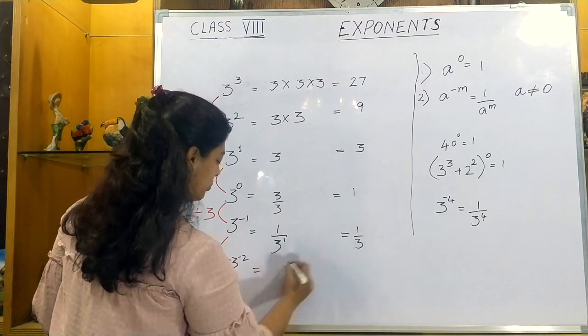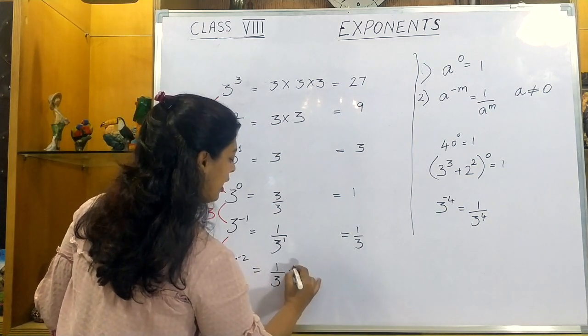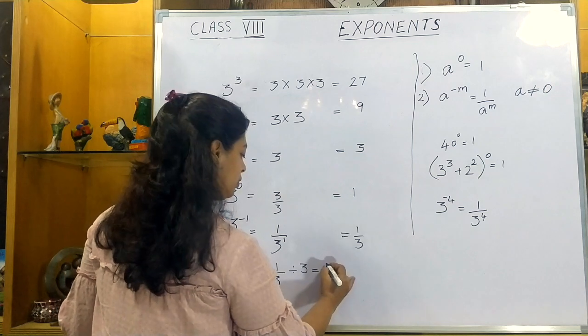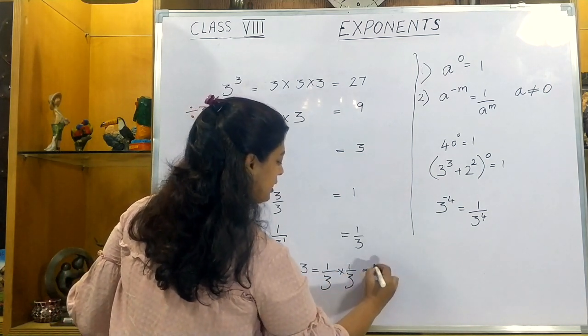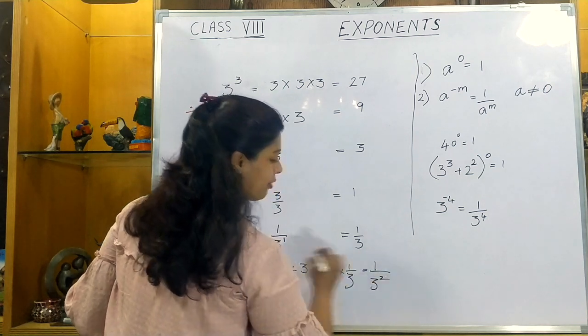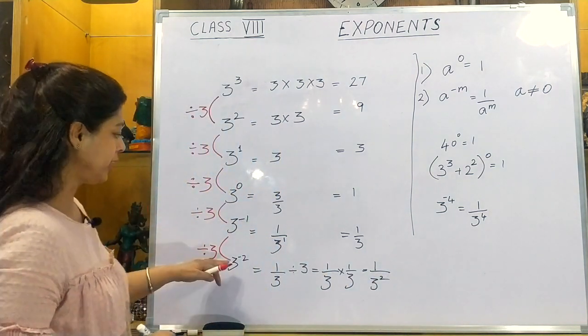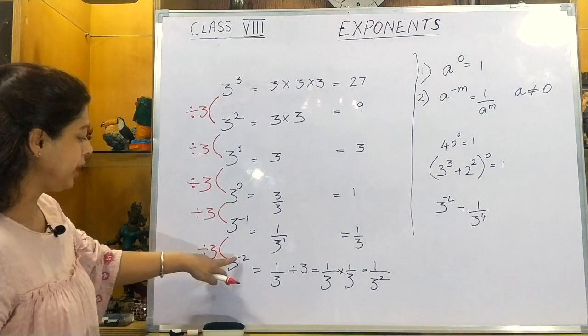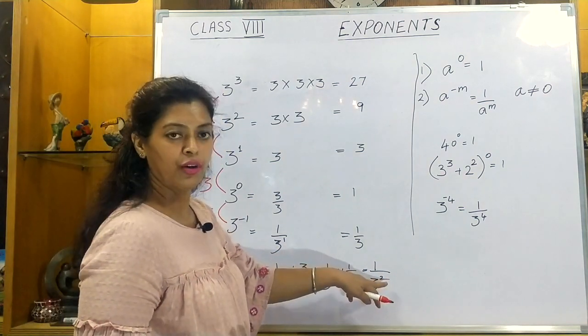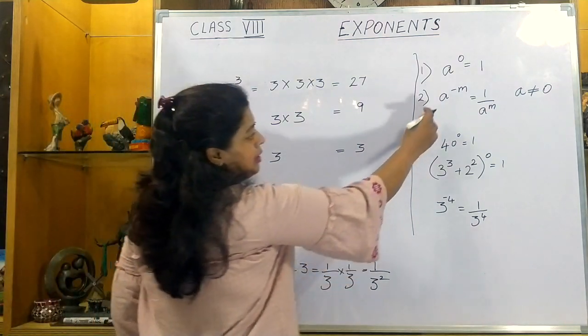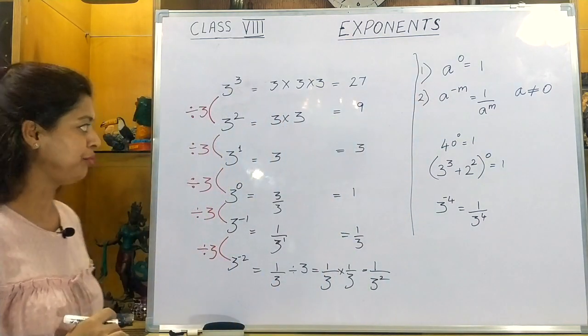So that means 1 upon 3 divided by 3, which is equal to 1 upon 3 into 1 upon 3, which is equal to 1 upon 3 square or 1 upon 9. So over here I can see that I've got 3 raised to the power of minus 2 is equal to 1 upon 3 raised to the power of 2. So this proves my second interesting fact.